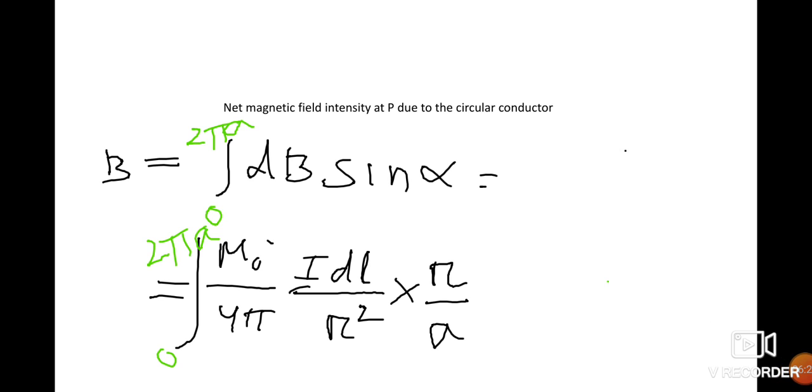Putting the value of dB and sin alpha, we get mu 0 by 4 pi times I dl by r square into a by r. From the figure we get sin alpha.